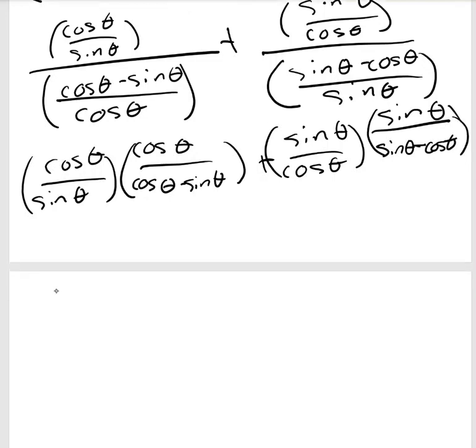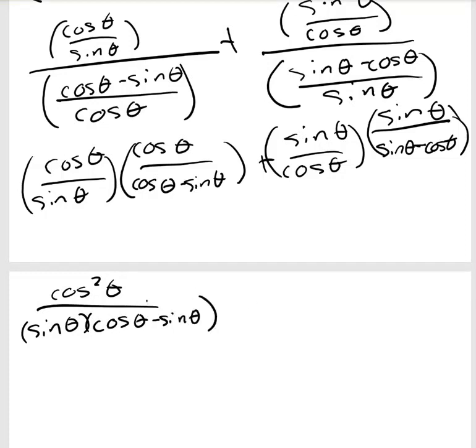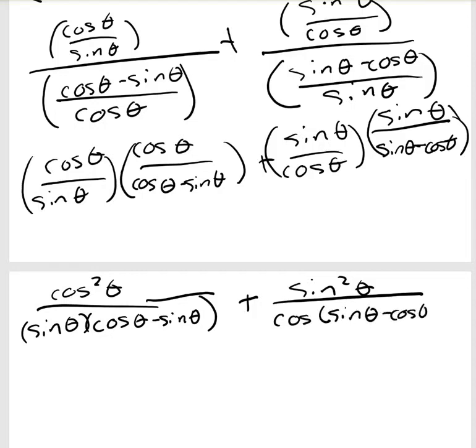Cosine times cosine, now I have cosine squared theta over sine theta times cosine theta minus sine theta, plus sine, so I have sine squared over cosine of sine theta minus cosine theta.